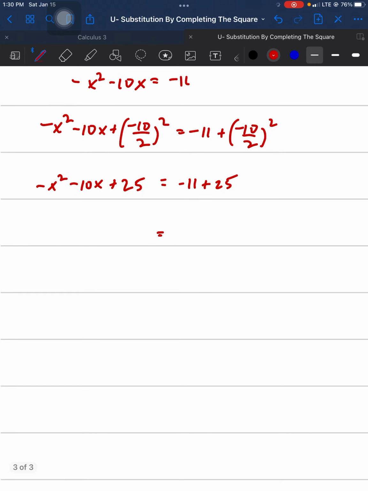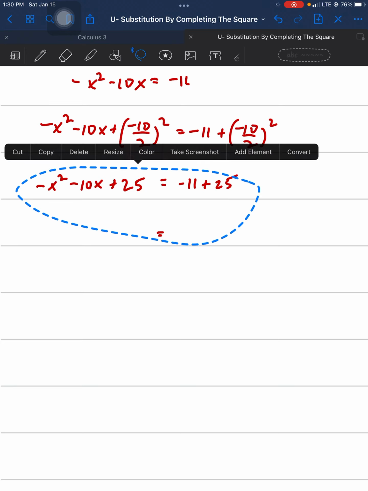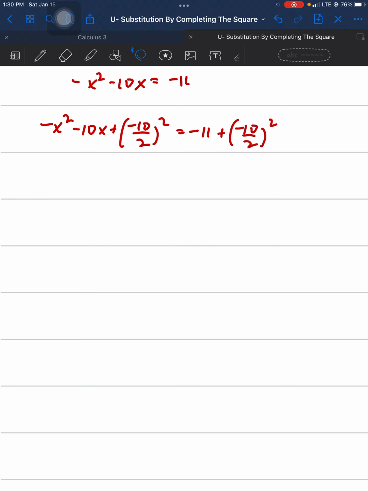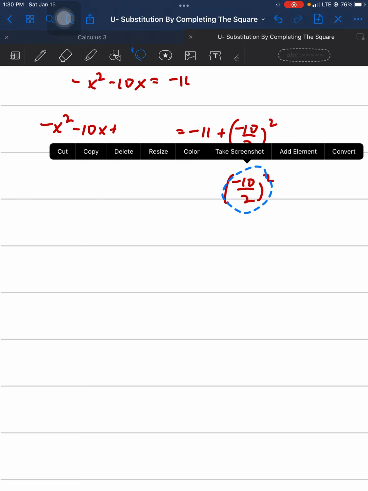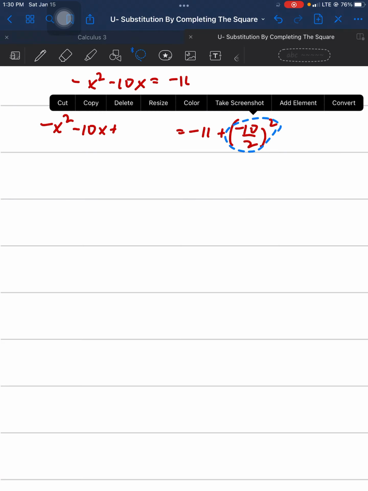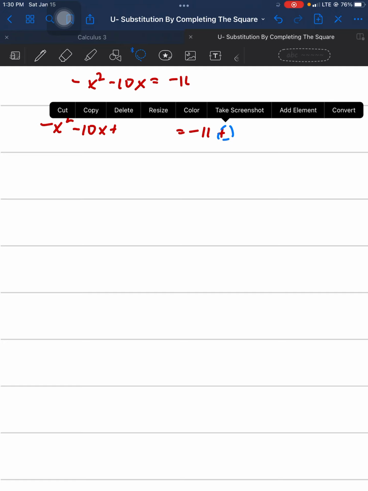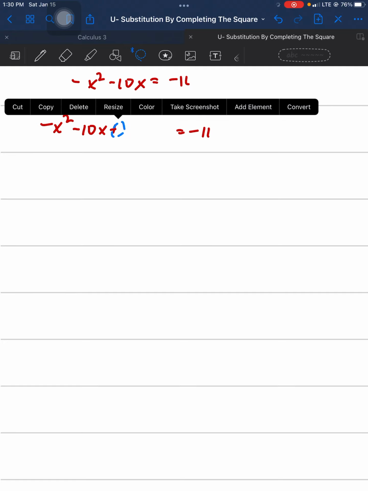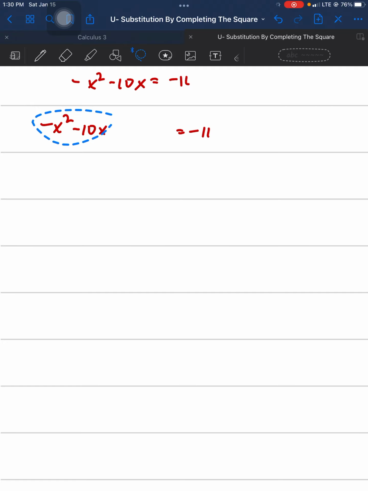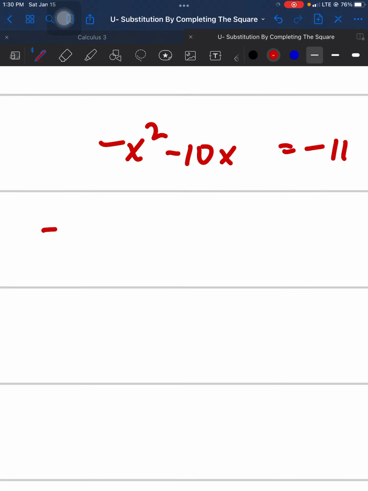Actually, you know, the first step we should do before doing any of this is factor out the negative, since there's a negative sign right there.